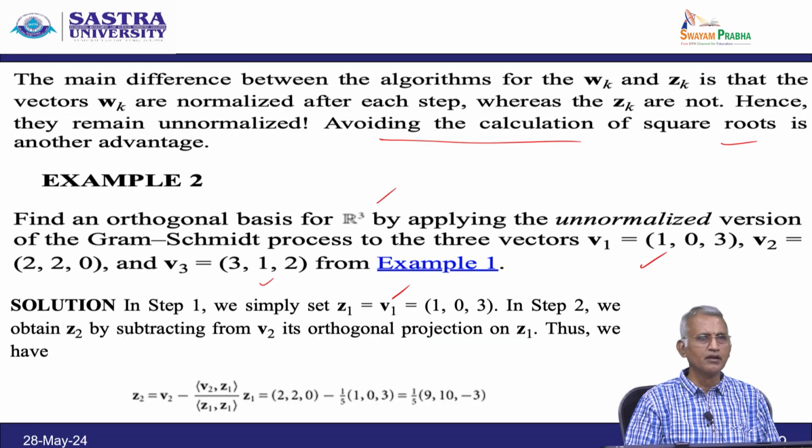In step 2, we obtain Z2 by subtracting from V2 its orthogonal projection on Z1.